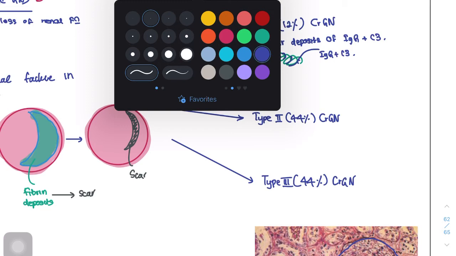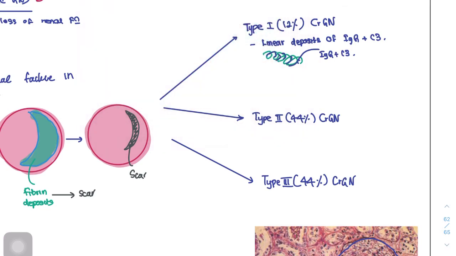And what happens is, these immune complexes can travel to the pulmonary, that is lungs, capillary basement membrane, causing damage, leading to a condition called pulmonary hemorrhage.